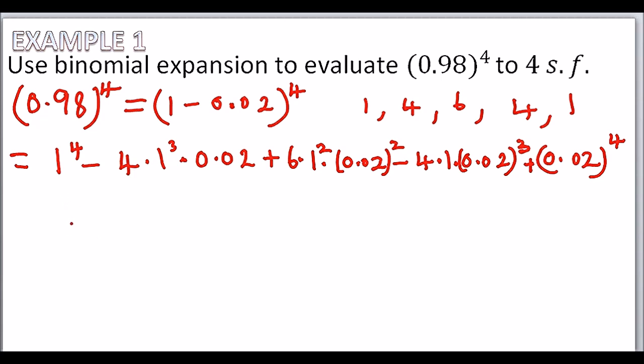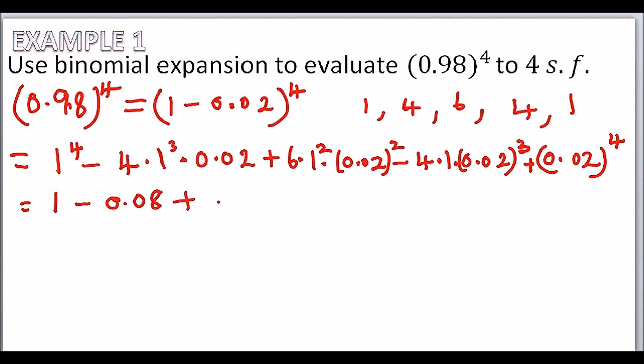1 to power 4 is the same as 1. So we have this equal to 1 minus, here we have 4 multiplied by 1 is 4, multiplied by 0.02, we get 0.08.